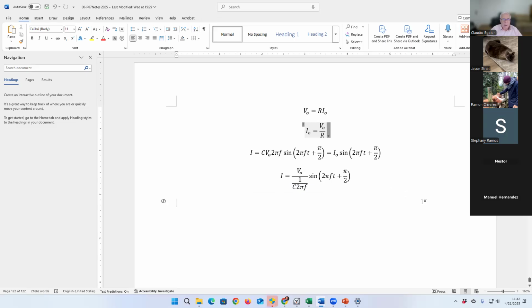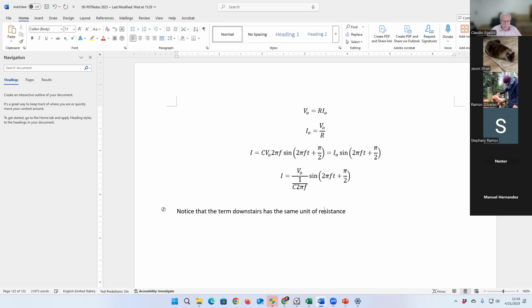Right? And now compare, we have V naught here, we have V naught here, right? This whole term here is I naught. But this term here is going to have the same unit as the resistance. That's what I would call the AC resistance term, okay? Note that the term downstairs has the same unit of resistance.